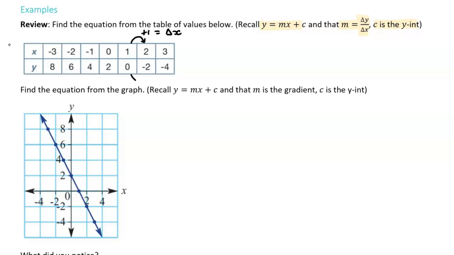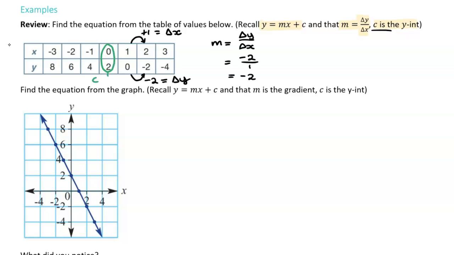Now we need to look at what y is doing each time. Well, it's actually going down by 2. So -2 is the change in y. So the gradient was equal to the change in y over the change in x. Change in y was -2, change in x was 1, so the gradient is just -2. And to find c, which we said was the y-intercept, we had to find the point where x was equal to 0.